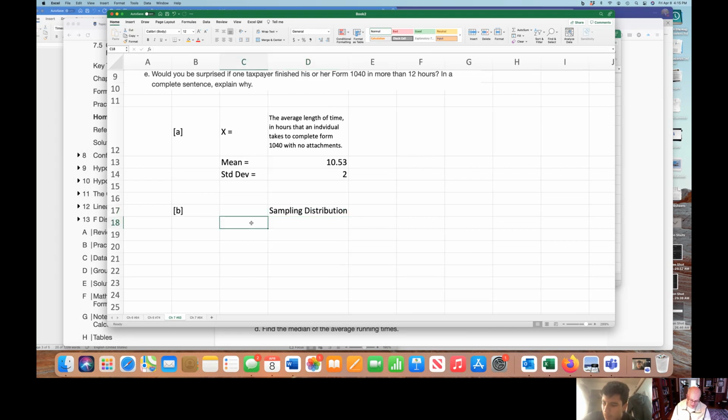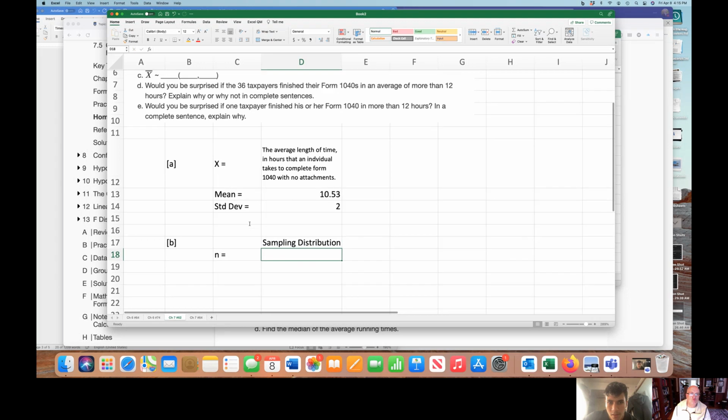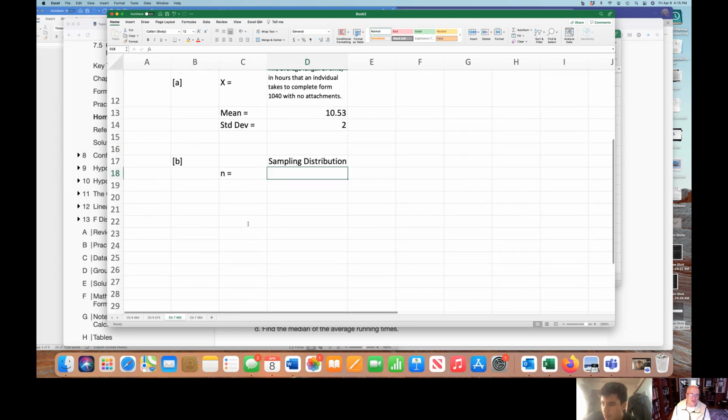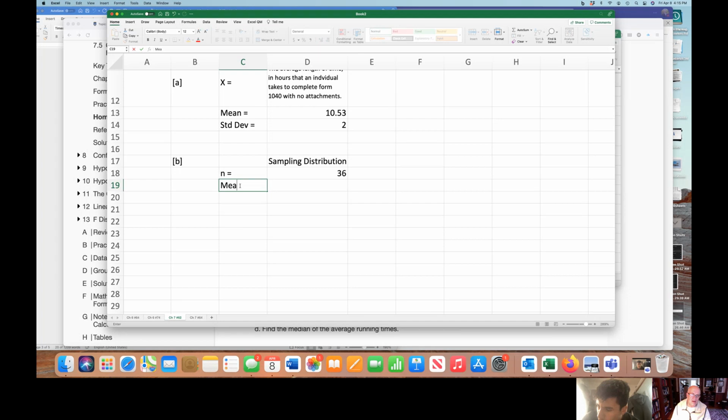And we have n is equal to what? 36. Yes. 36. And now we have to find the mean. We have to find the x bar, the mean of the sampling distribution, and the standard deviation.